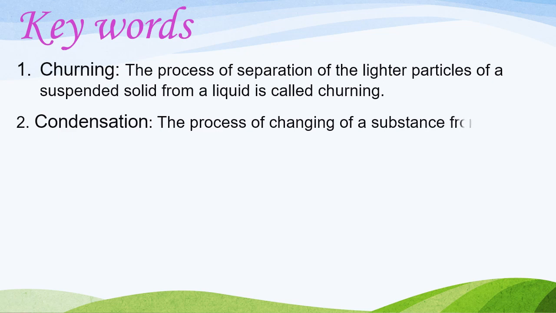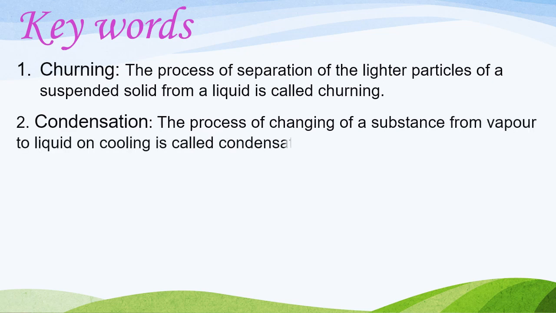Now see second. Condensation: the process of changing of a substance from vapor to liquid on cooling is called condensation. Here I give some keywords and their definitions, because in exams it can be asked what is churning and what is condensation. So these definitions are perfect to write in exams.